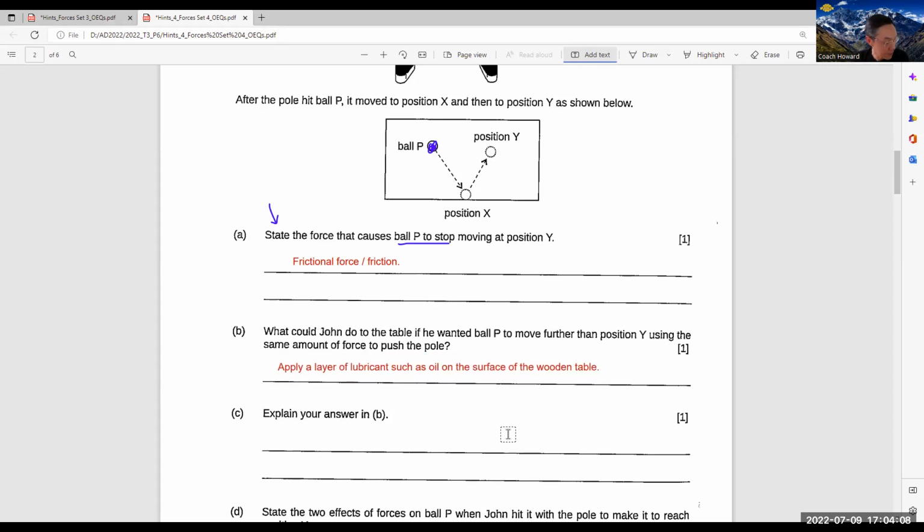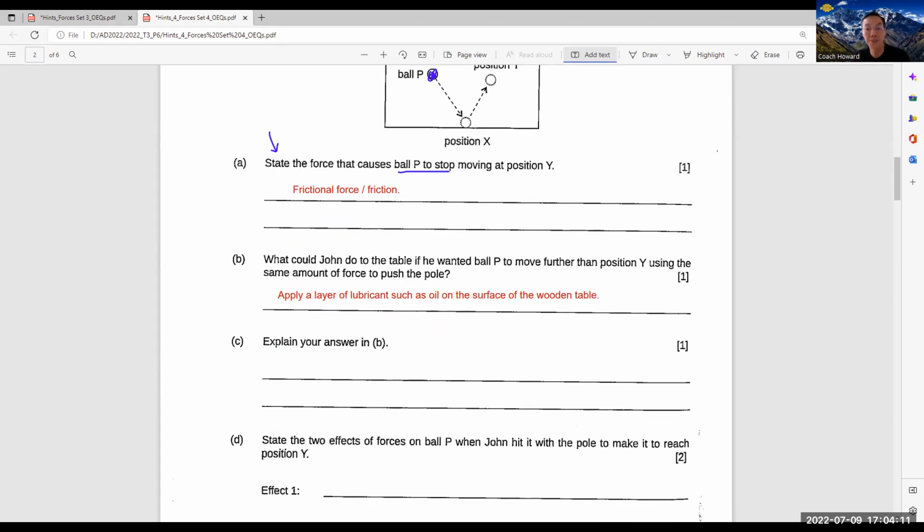Then explain your answer. For this one, the keyword must be used.